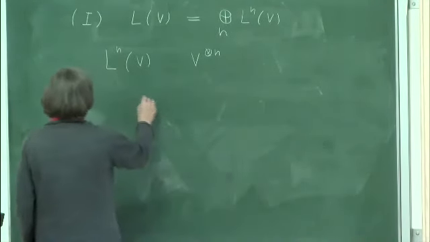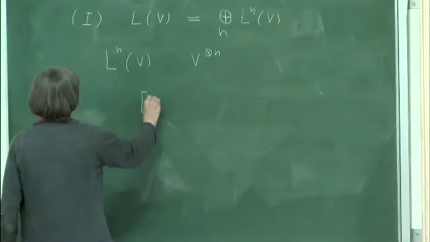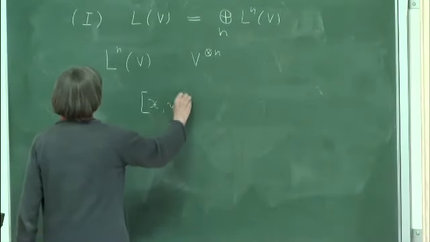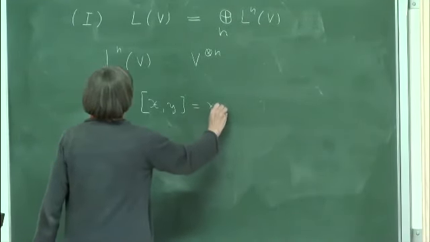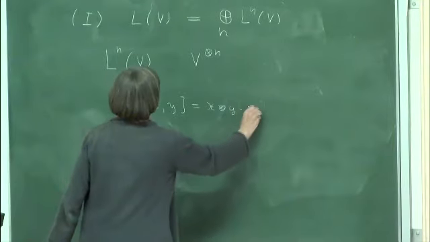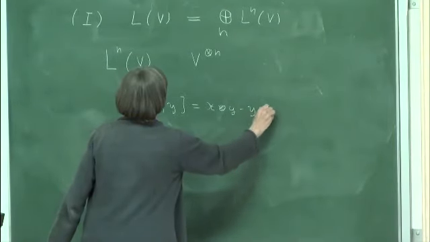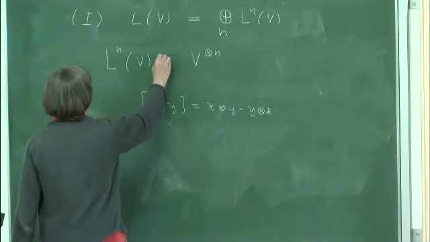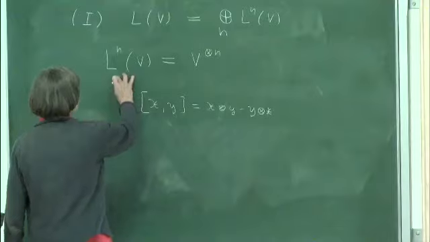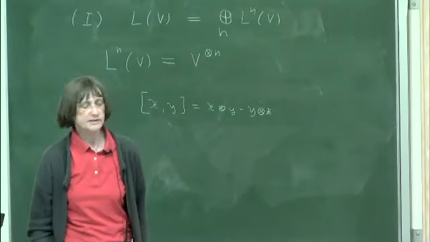I should probably also write down the Lie brackets. So [x,y] is what you think it is, x tensor y minus y tensor x, and otherwise you don't put any relations on it, and then you can put it into homogeneous parts.